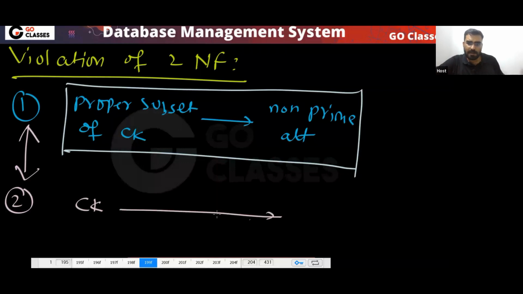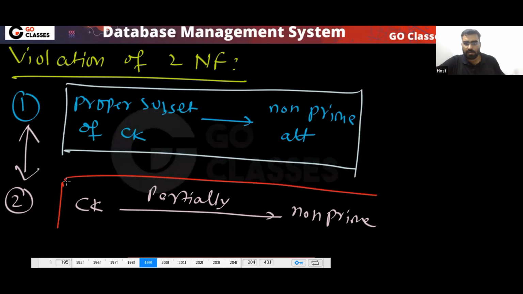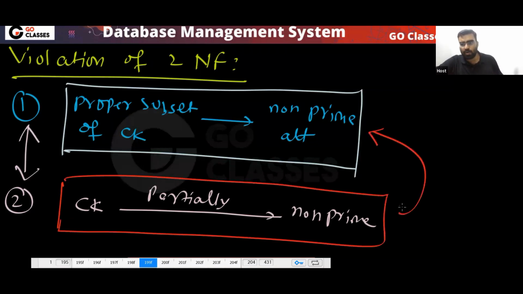Some candidate key partially determines some non-prime attribute. Is this clear? Let me know. So you can use any of them.